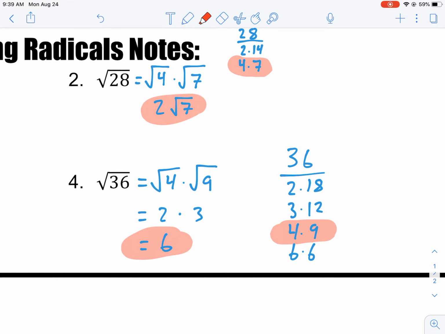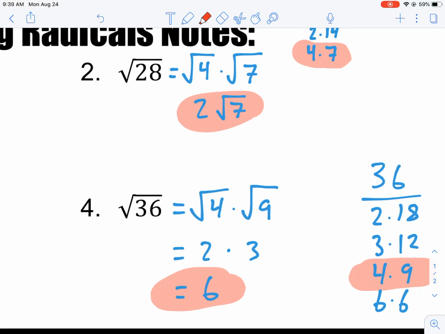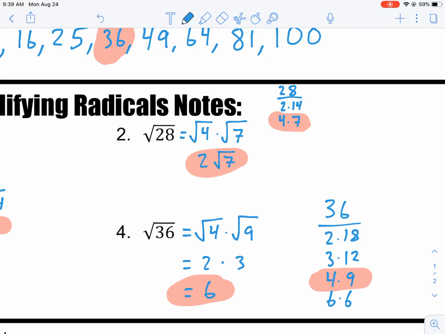Okay, so what happened in this problem, all right? What do you notice about 36? 36 itself is a perfect square, okay? So if the number under your radical is a perfect square, you don't need to break it up at all, okay? We know the square root of 36 is 6, all right?